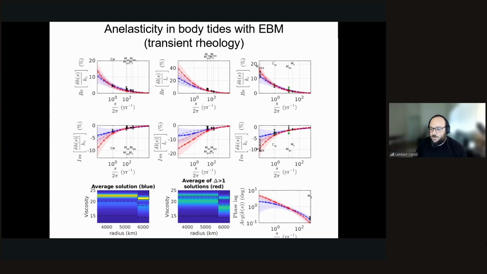So we report good agreement for all 3 Love numbers and both the imaginary and real part. And the interesting thing is we can see what the partitioning is between the steady state viscosity and the transient viscosity. This is what you see in the colored maps at the bottom, how much of the viscosity is being solicited in these models.